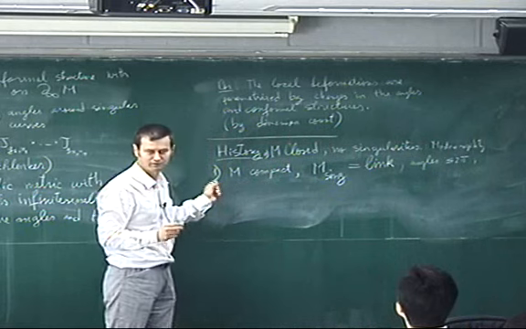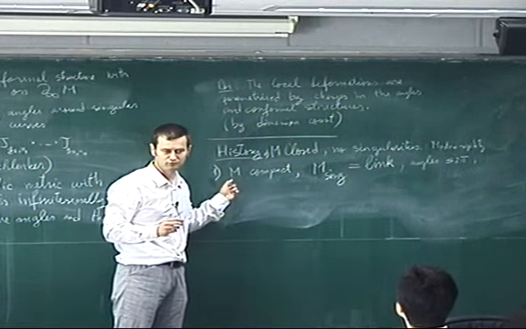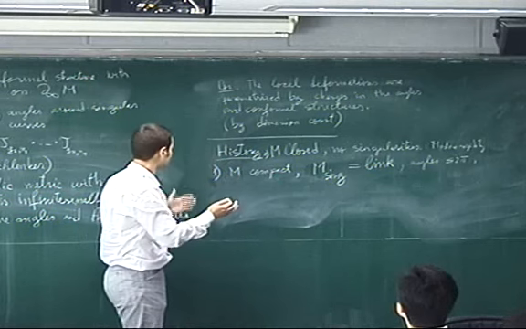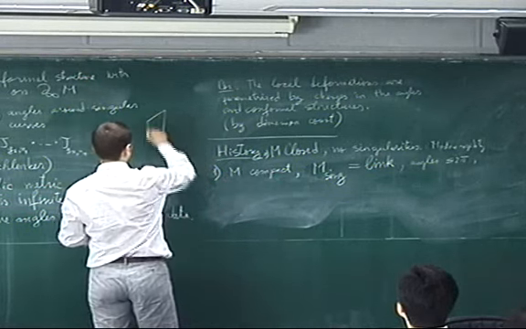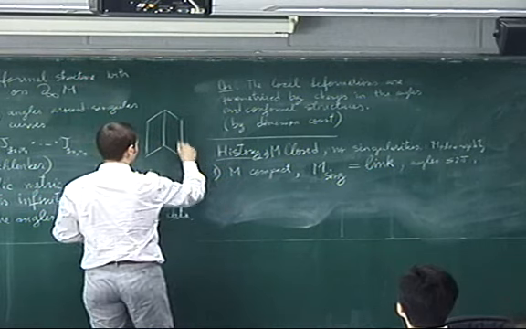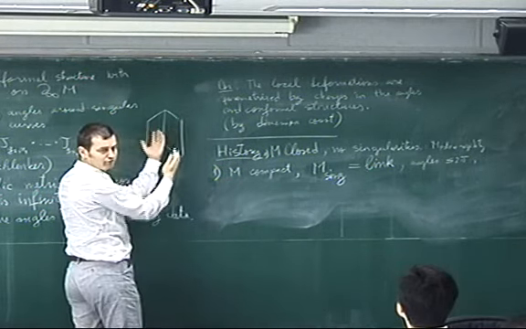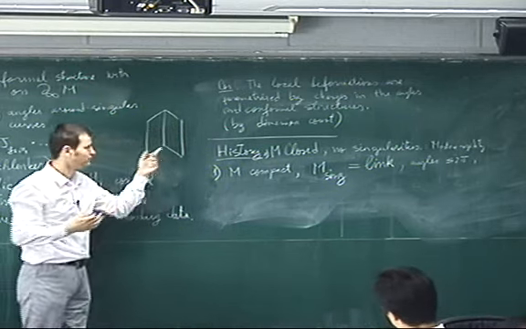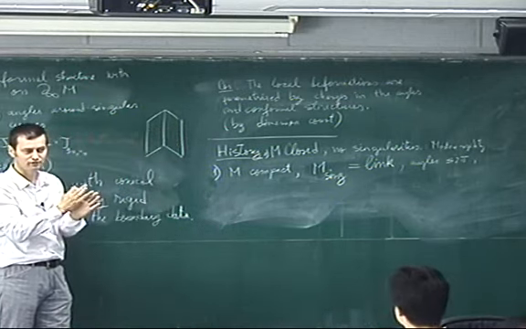Maybe I should not explain what this is because it's not important, and we are not using such singularities. But actually I will. Essentially, you can identify the two faces by an isometry which is a rotation.